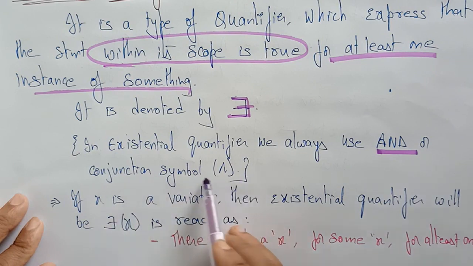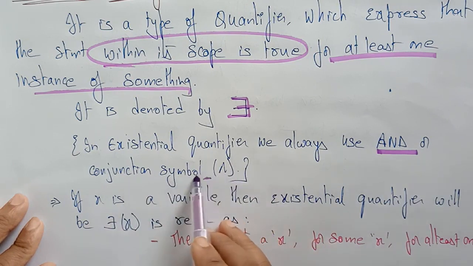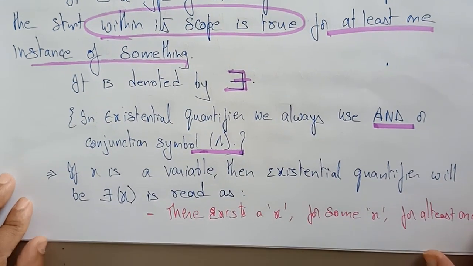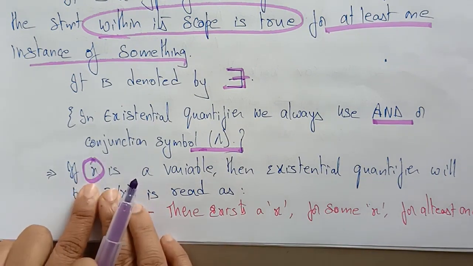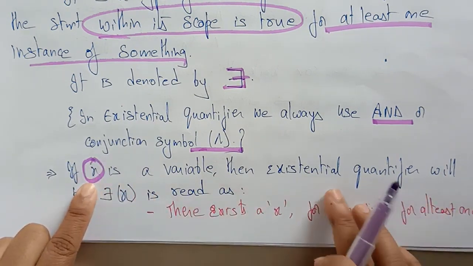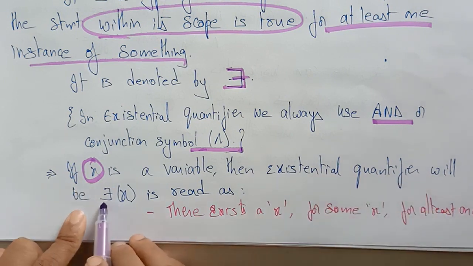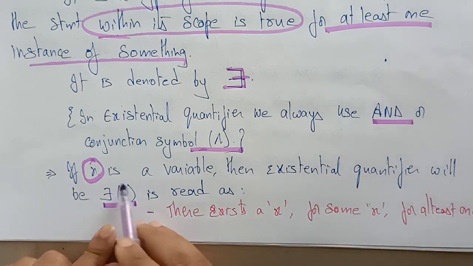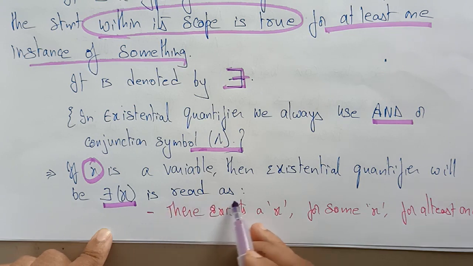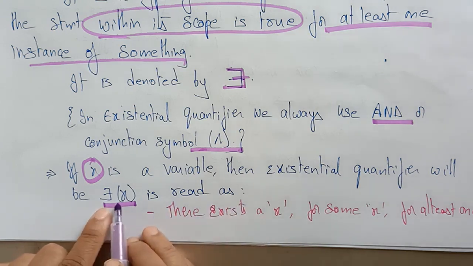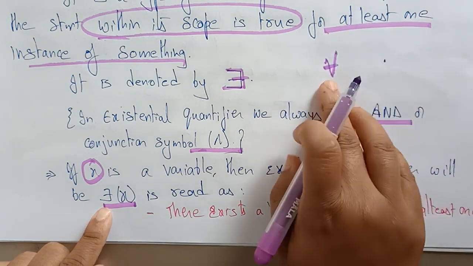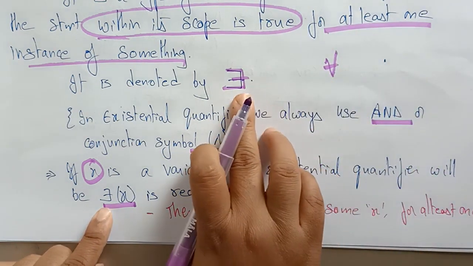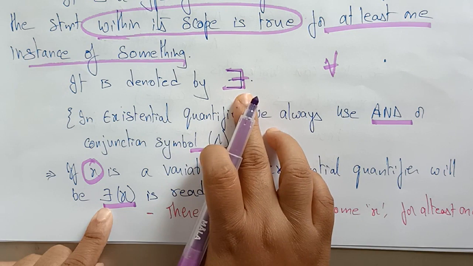the conjunction symbol. Let's see the example. Suppose x is a variable, then the existential quantifier is represented like this, and it is read as there exists x.